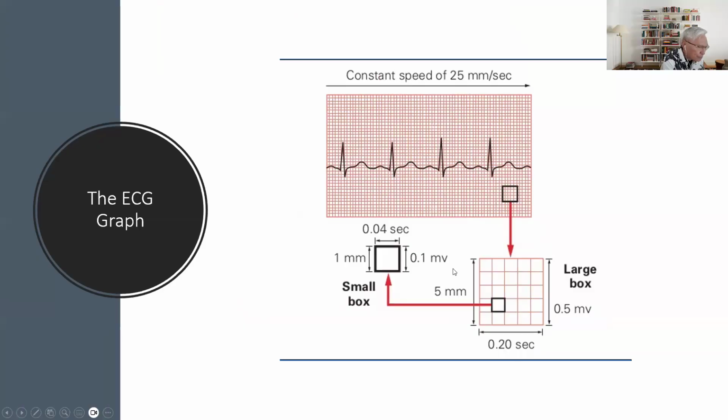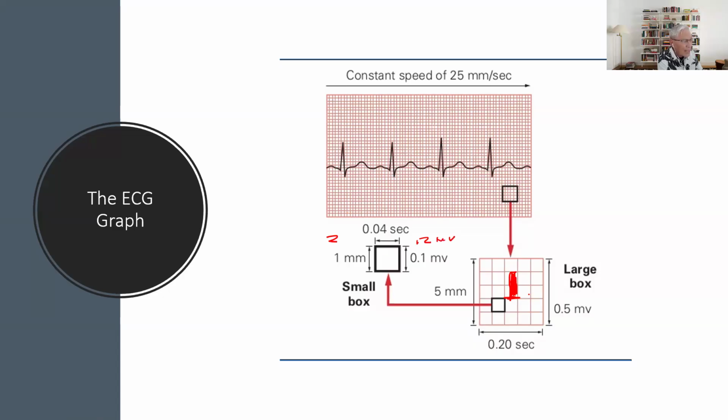So what does that mean? If I have a waveform that is this tall, how much voltage do we have? How many millimeters is this? How many boxes? 2. So 2 boxes is equal to 0.2 millivolts.